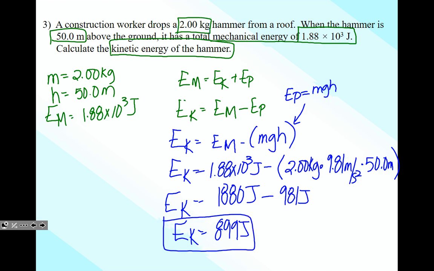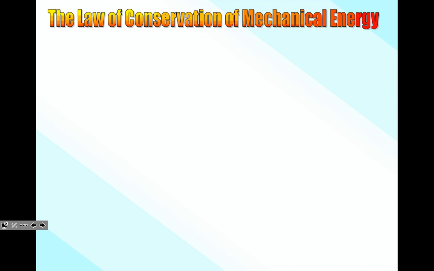Okay, cool. So now that we know what mechanical energy is, the addition of my kinetic energy plus my potential energy, we're going to take it a little step further and understand what is going on in terms of the transfer of energy.